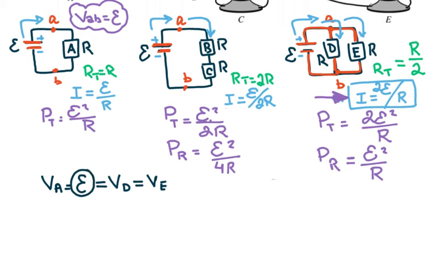But for the second circuit, the voltage on B is going to be the same as the voltage on C, because they are the same resistors. But every time the current passes through a resistor, it has to drop some voltage, potential difference.